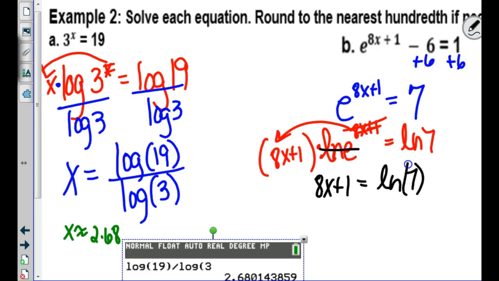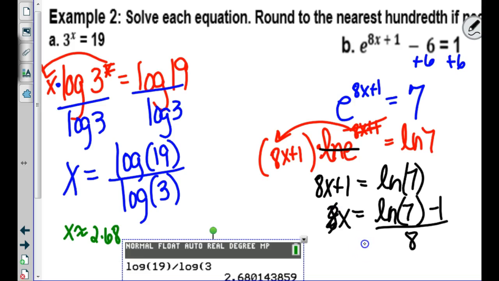Now, if I was vicious and said you needed an exact solution, you would have to do what 2 steps? What do we still have to do to get x by itself? And? Yeah. So you'd write ln of 7 minus that 1 and then divided by 8. I'm okay if at some point you switch it to a decimal. Doesn't say exact on one like this on the quiz. But if you switch this to a decimal, subtract 1, divided by 8, that should be what you get.